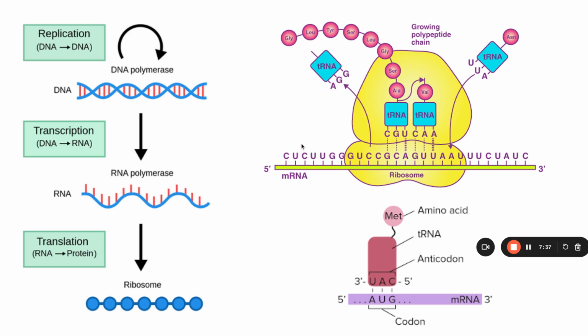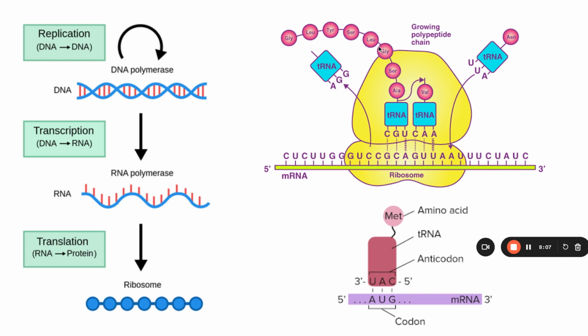So I've got 2 different illustrations here on the right showing translation. And the key figures here: the mRNA, the messenger RNA, with the 3 base codons, the transfer RNA with the 3 base anticodons, and on the other end is the amino acid. And all of this is taking place at the ribosome.